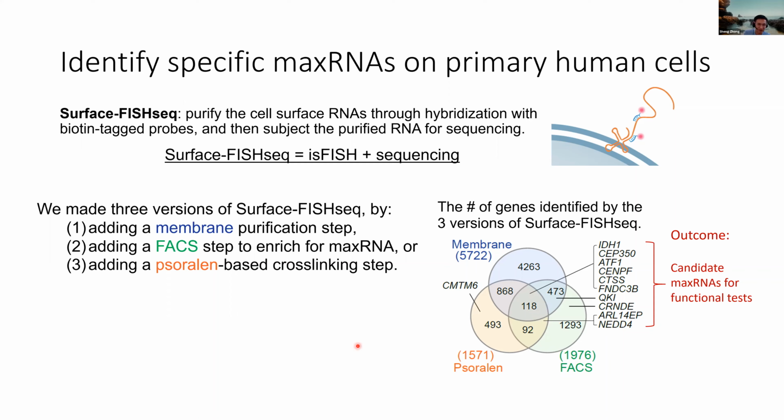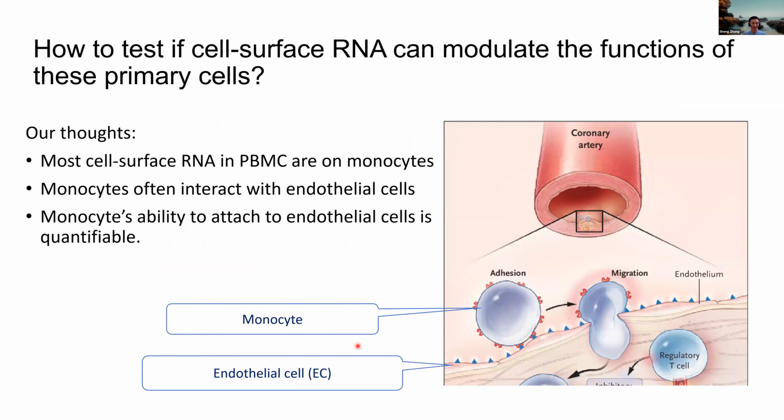So how do we test whether a putative cell surface RNA may have any impact on the cell's function? Among all the possible cell functions, we feel that cell-cell interaction is where we are going to test. One critical feature of monocytes is that they adhere to the endothelium, the endothelial cells of the blood vessel. The adherence is a prerequisite step for the monocyte to migrate through the endothelium and transform into macrophages.